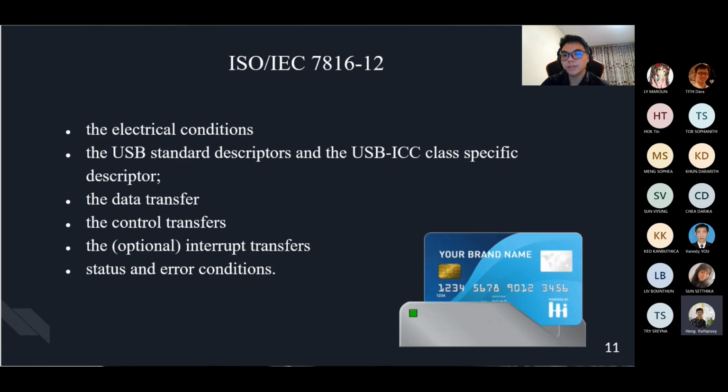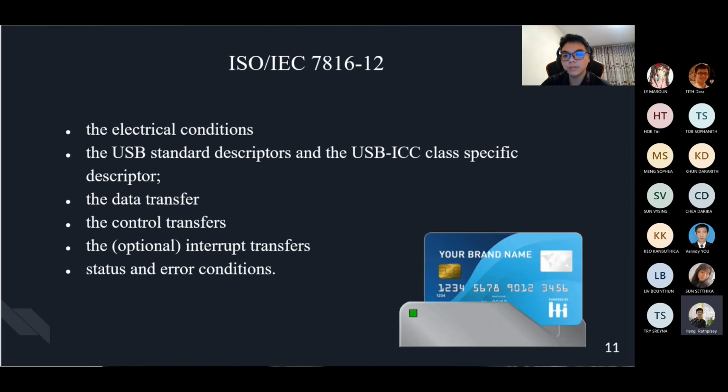The ISO 7816 Part 12 shows us the electrical conditions when a USB ICC is operated by an interface device, for those contact fields that are not used when the USB interface is applied. It covers the USB standard descriptor and the USB ICC class specific descriptor.